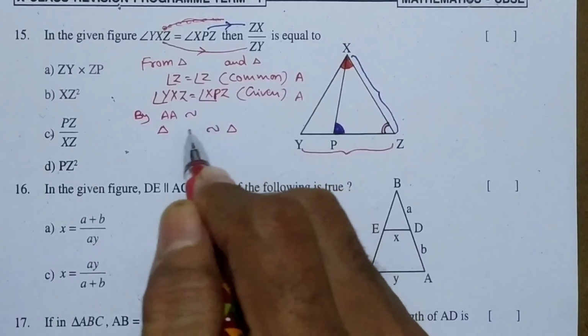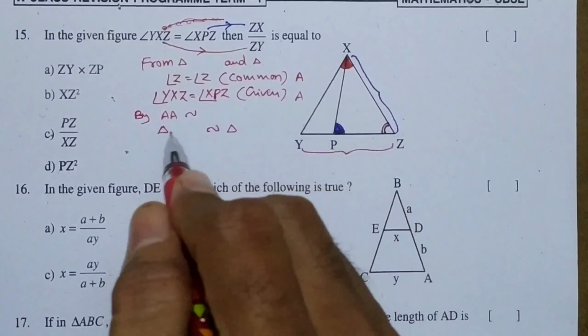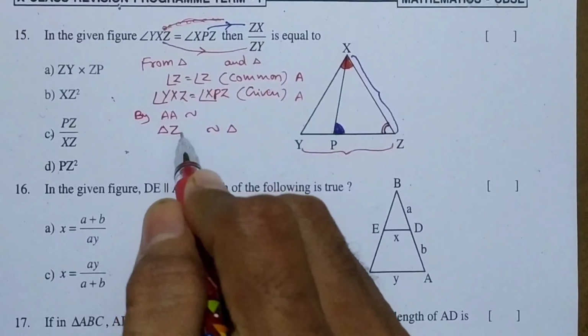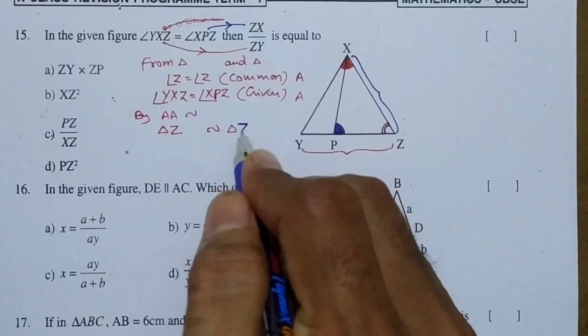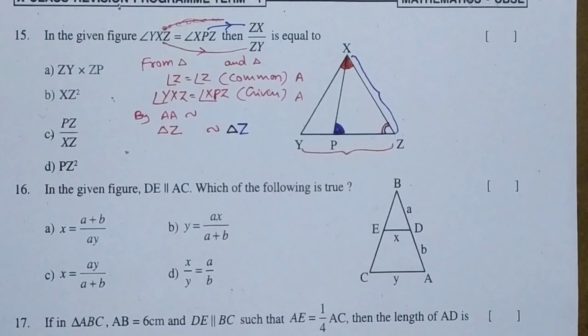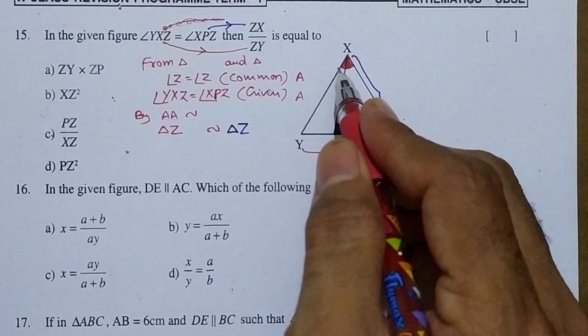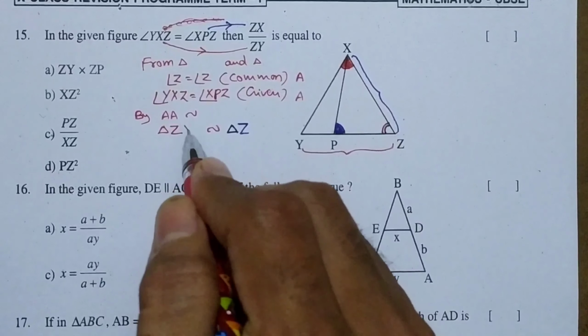Now I am going to write which triangles are there. In both triangles Z is there, so Z should coincide with Z. So this Z is common. Next, this is X, so that is equal to P in this one.